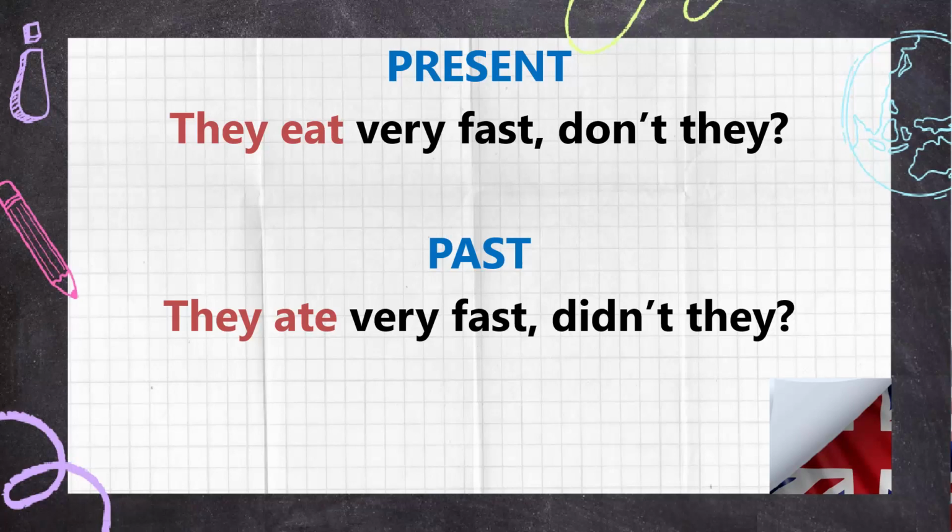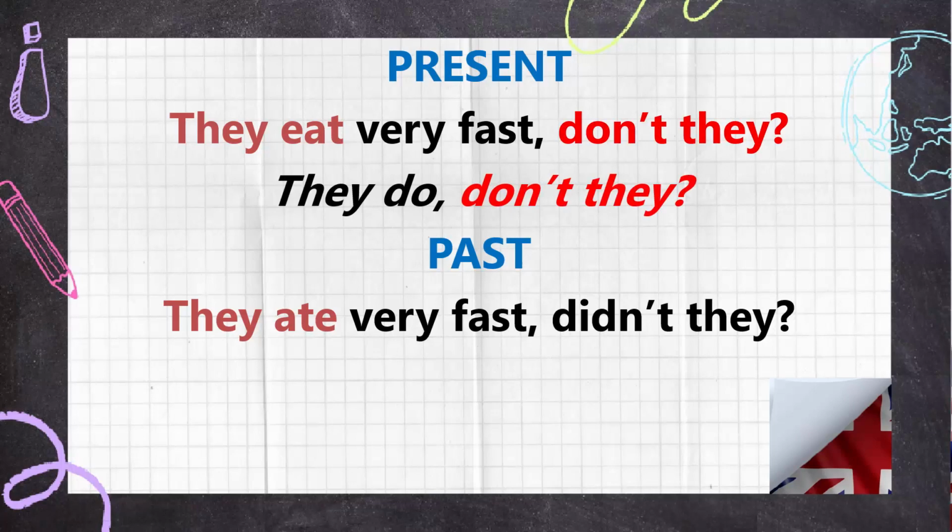So when we have a statement in the present simple, the question tag is in the present simple. They eat very fast, don't they? But when we have a statement in the past simple, they ate very fast, we must use the same tense in the question tag, didn't they?